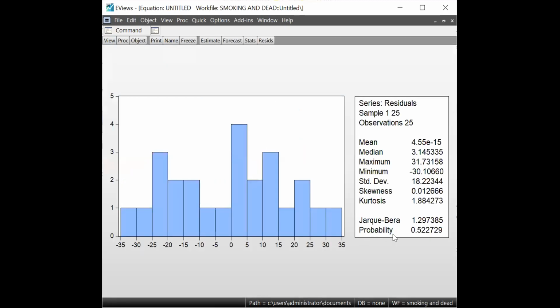The probability value of Jarque-Bera is 0.522729. You see it here? This means that we cannot reject the null hypothesis. This is the p-value of Jarque-Bera. Okay, you get it?